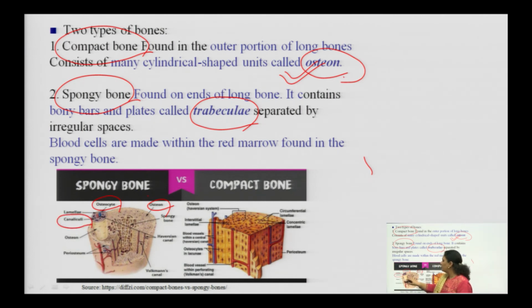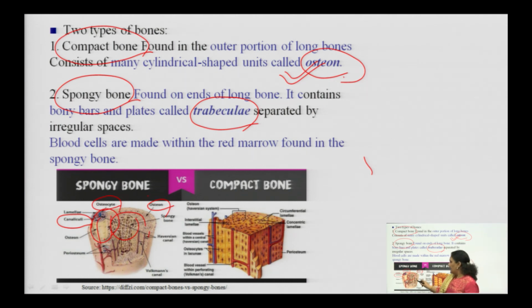This is the enlarged portion of one osteon. Beneath this osteon, at the periphery, we have the periosteum layers, and inside you will see hollow, porous structures which make the bone spongy in nature.